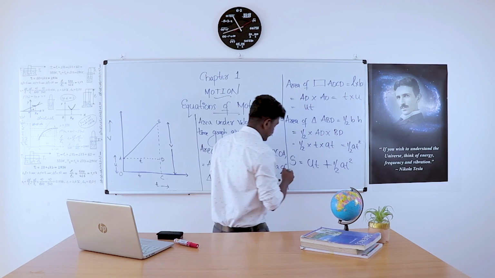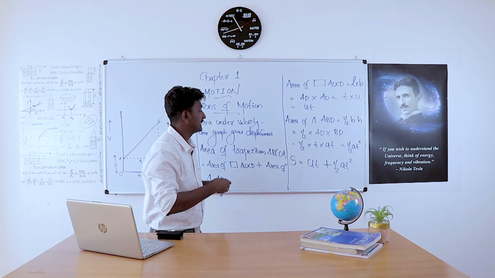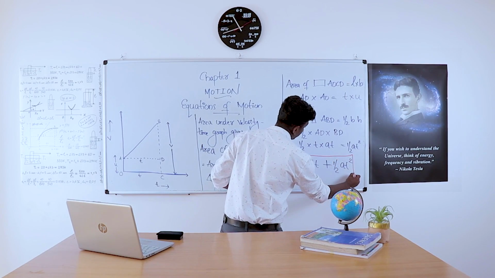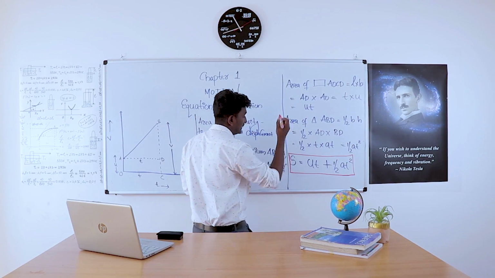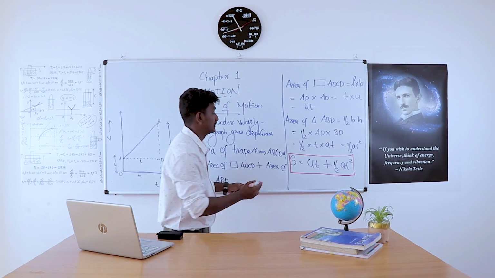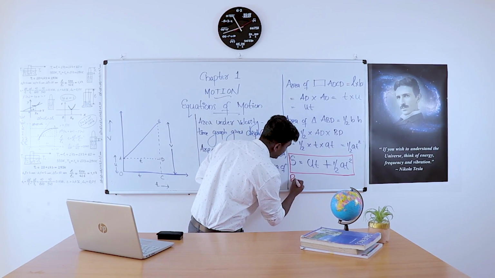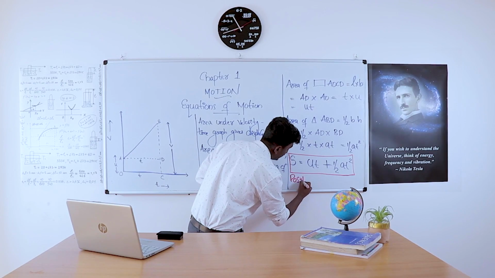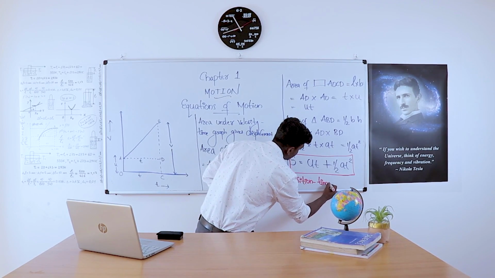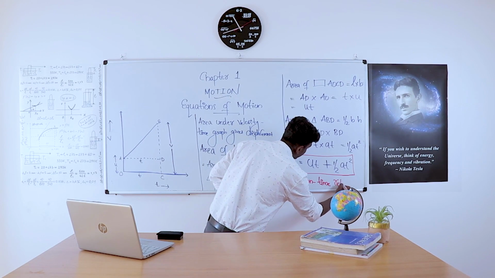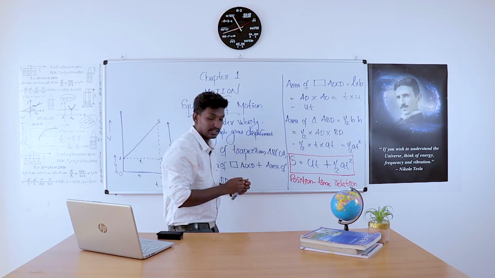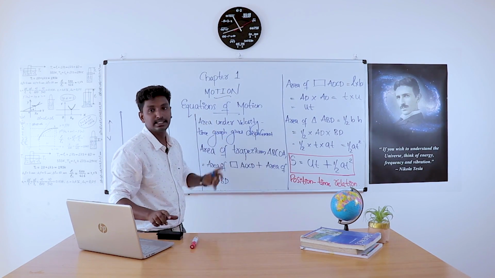Look, this is the second equation of motion: s is equal to ut plus half at square. This is the second equation of motion and is called the position time relation. This is the second equation.